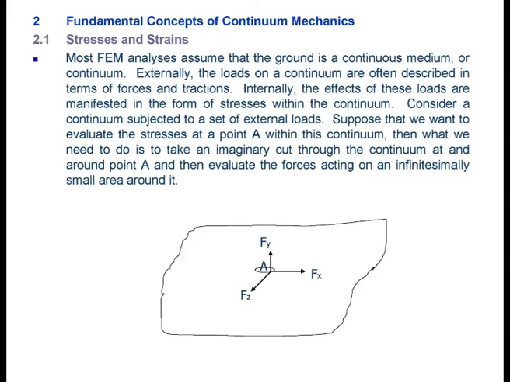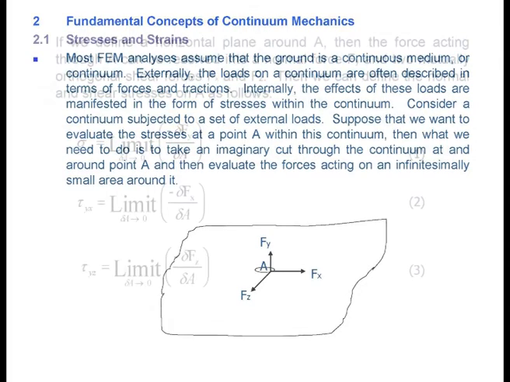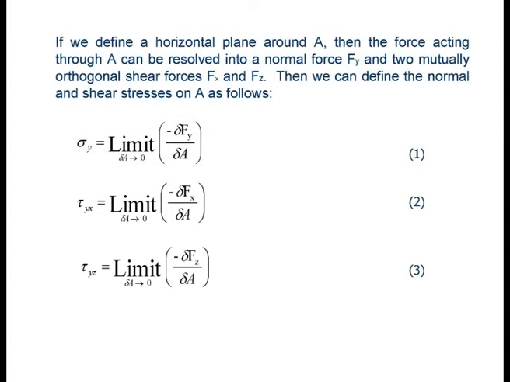Now, I won't go through deriving stresses for you because I think you can do that by just reading the notes yourself. But essentially, the main thing is this: if you want to do a three-dimensional analysis, you need 6 stress components to completely characterize the stress state at a point in three-dimensional space. Firstly, you need three normal stresses in the x, y, and z directions.